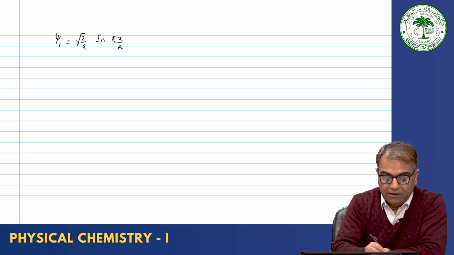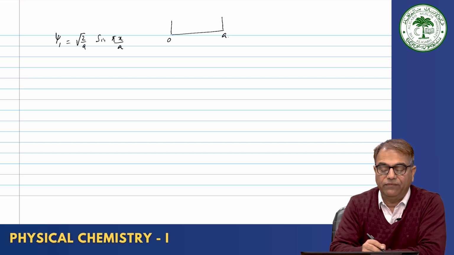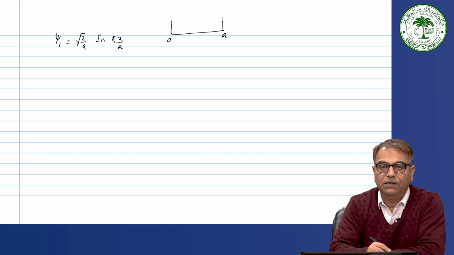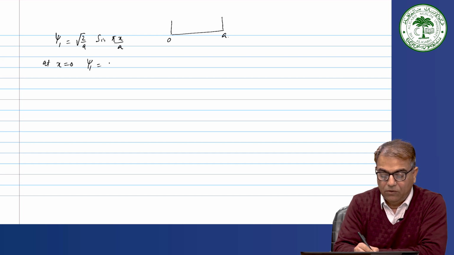If your particle in a one dimensional box is like this one from 0 to a, and we try to find the value of wave function ψ1 at different points from 0 to a, at x equal to 0, ψ1 will be root 2 by a sin π multiplied by 0 divided by a.